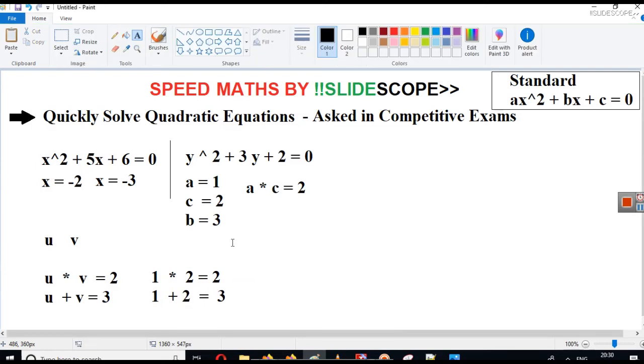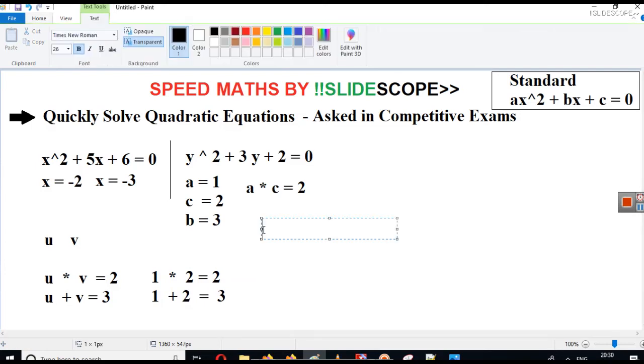So 1 and 2 are our numbers here. So we can write it like y raised to the power of 2 plus y plus 2y plus 2 is equal to 0.